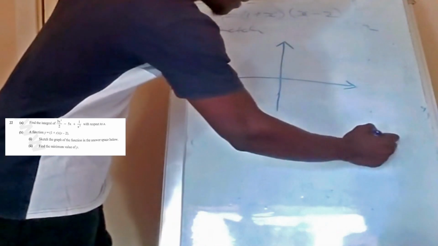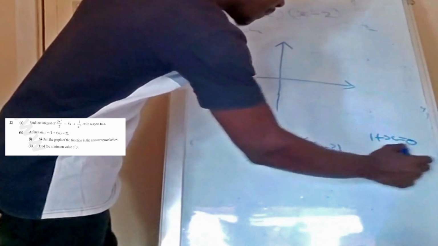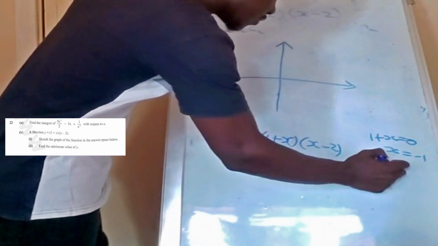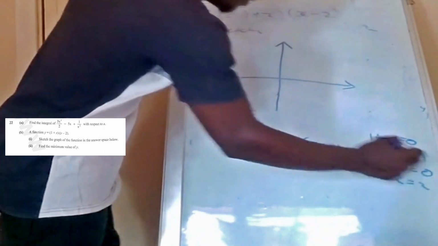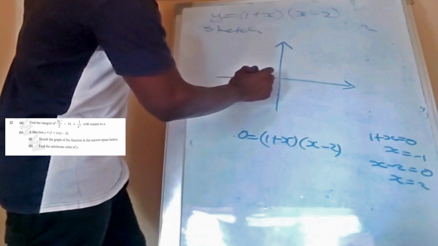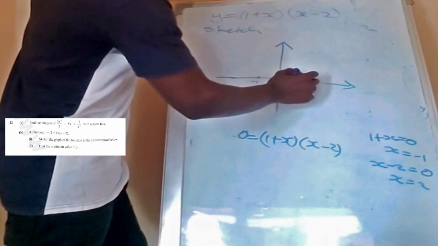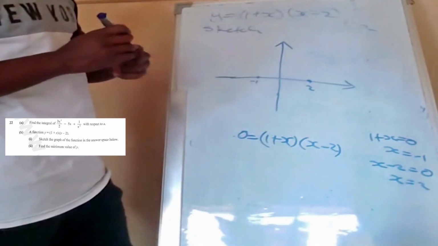So we've got 1 plus x equals 0, which is x equals negative 1, and x minus 2 equals 0, which is x equals 2. So negative 1 is here, and 2 is here. The graph should pass through those 2 points.